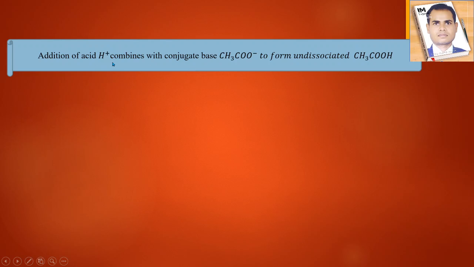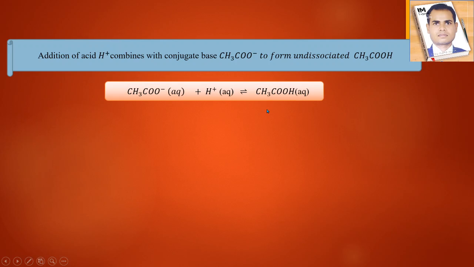The addition of H plus combines with the conjugate base and forms acetic acid. So the reaction will be like this: the conjugate base CH3COO minus, plus the addition of acid, which gives H plus, combines in this way to give CH3COOH.